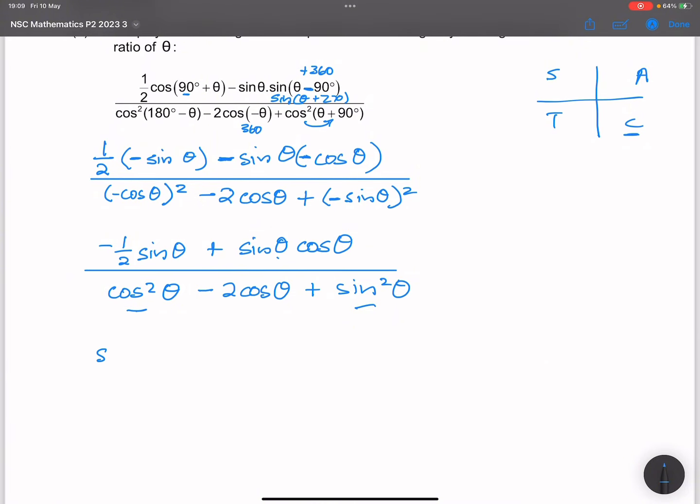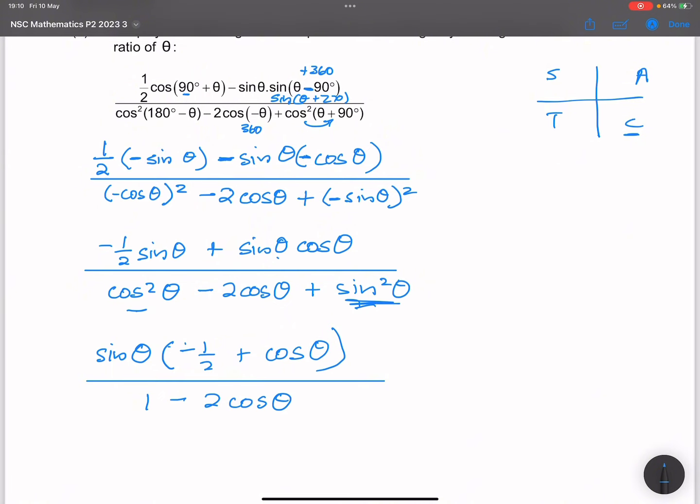So I'm going to say sine of theta, which would give us negative 1 over 2 plus cos of theta. So this is divided by 1 minus 2 cos of theta. Remember, we said sine squared of theta plus cos squared of theta gives us 1.